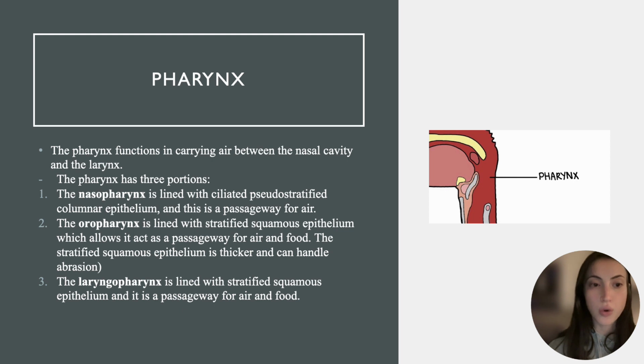The oropharynx is lined with stratified squamous epithelium, which allows it to act as a passageway for food and air. The stratified squamous epithelium is thicker and can handle abrasion. The laryngopharynx is lined with stratified squamous epithelium, and it is a passageway for air and food also.